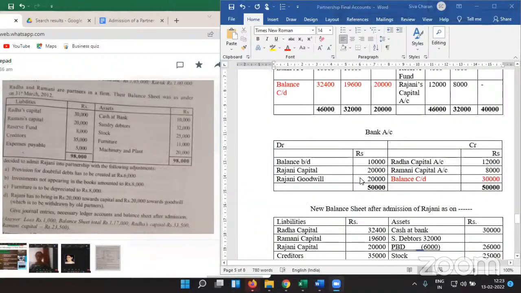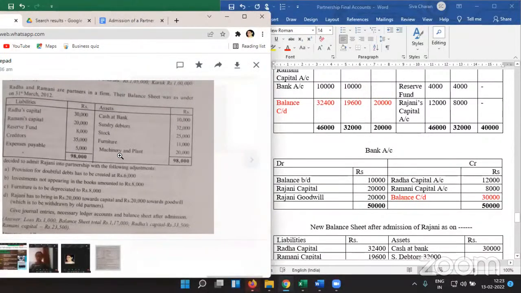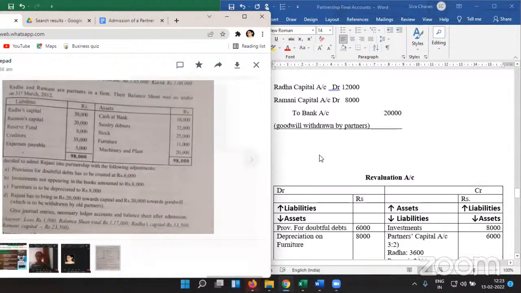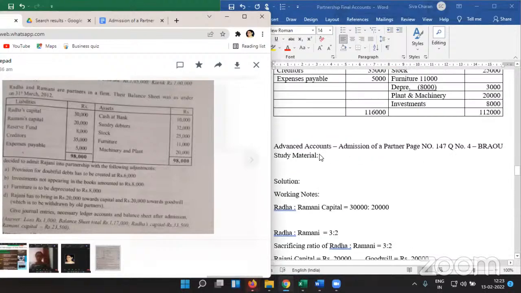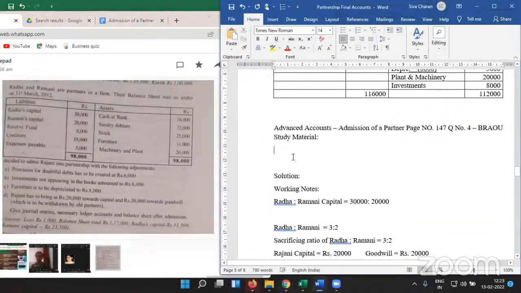I'll share this document with you. Don't worry. The question also, I'll do one thing: copy the image and post the question. The question is there with you all in the study material.